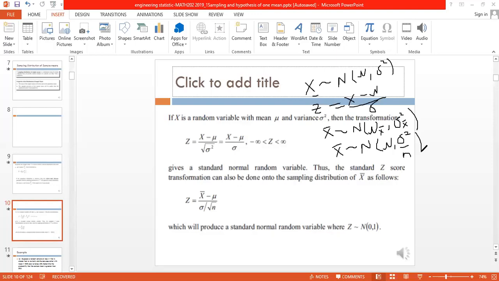So if that is the case, then we can also standardize X bar into Z's, okay? We can write X bar into Z's by subtracting the mean from the observed X bar value, which will be like this.